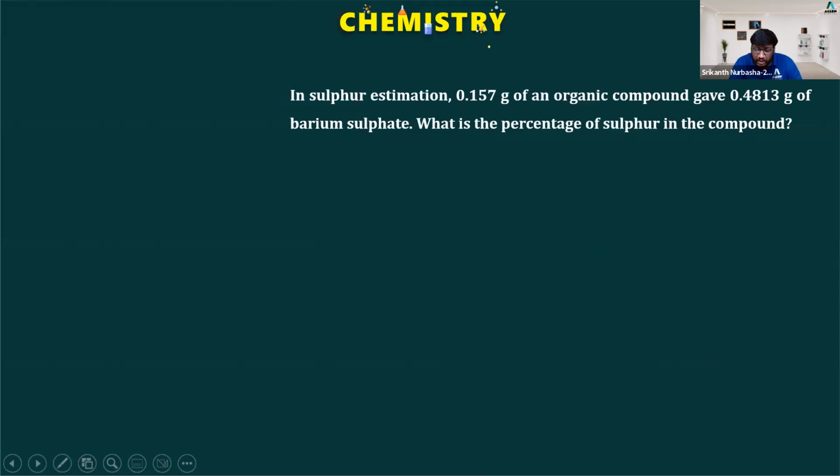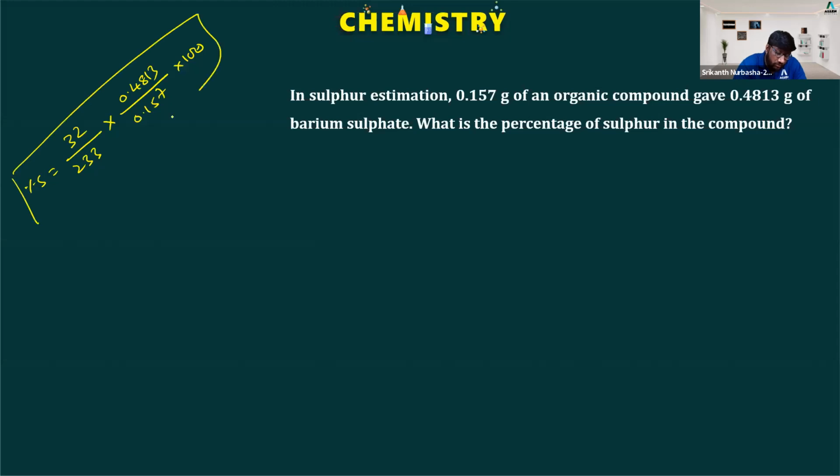Try to figure out. In sulfur estimation, 0.157 gram of organic compound gave 0.4813 gram of barium sulfate. What is the percentage of sulfur? Percentage of sulfur is equal to 32 divided by 233, into weight of barium sulfate, 0.4813, divided by weight of organic compound 0.157, into 100.